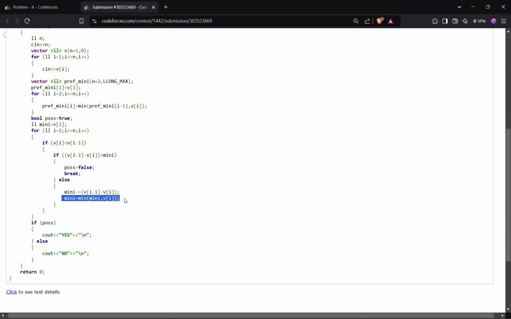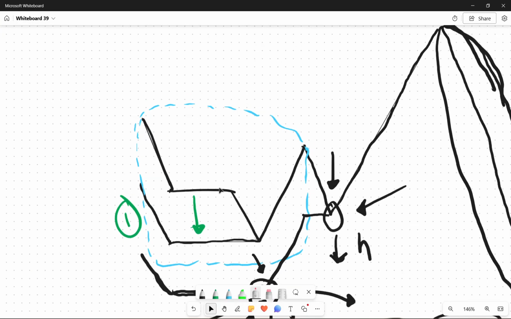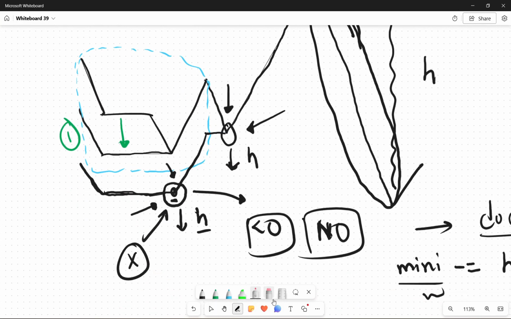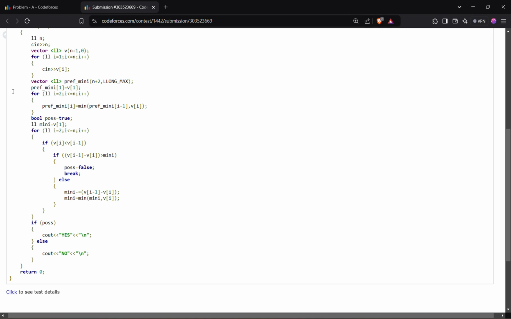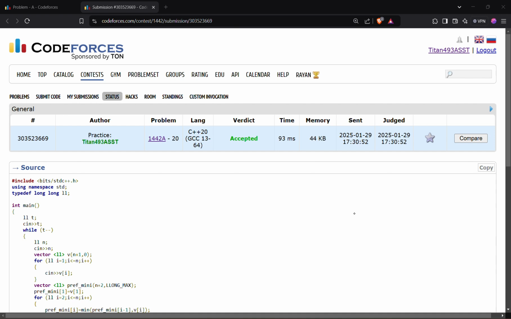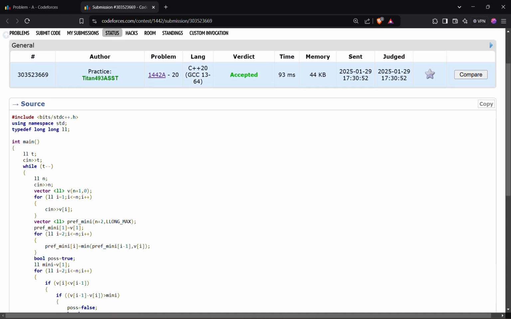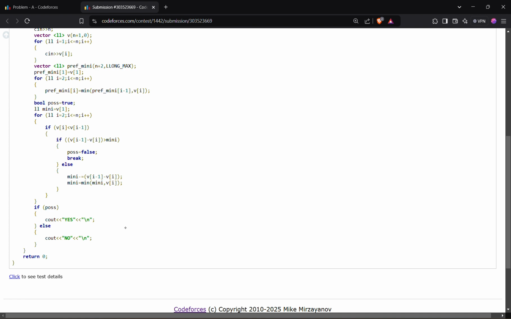And finally mini is equal to minimum of mini comma v of i. So that is basically discussing the solution. So for this part, that second statement right here, that is why mini is equal to min of mini comma v of i is there.